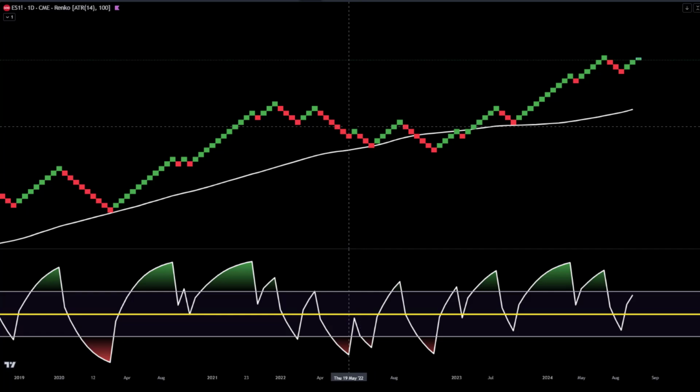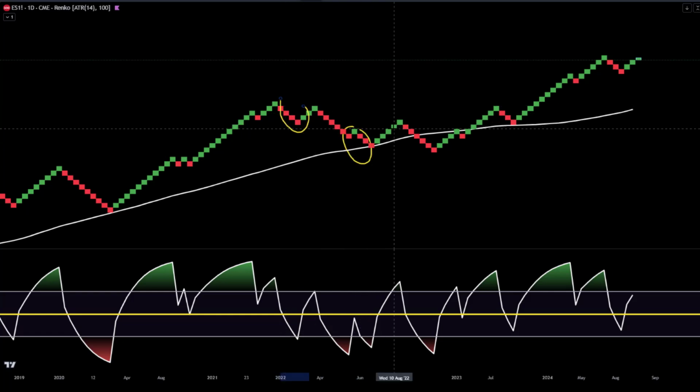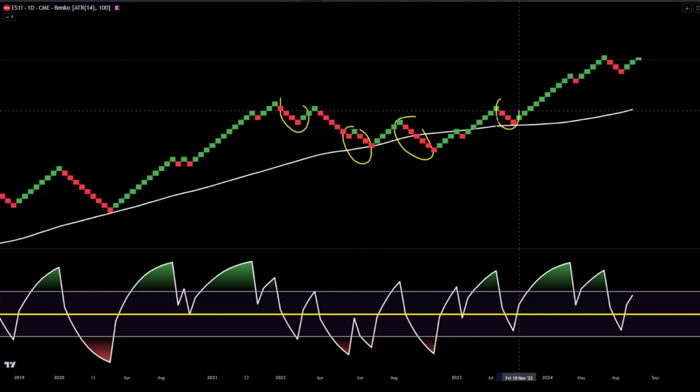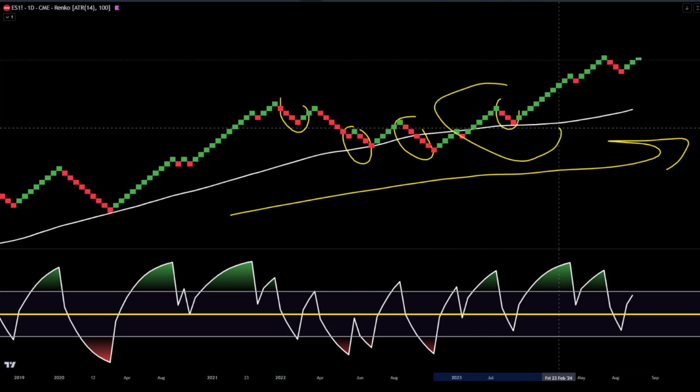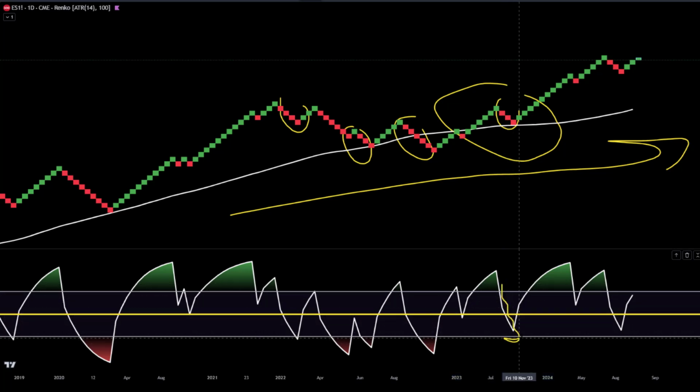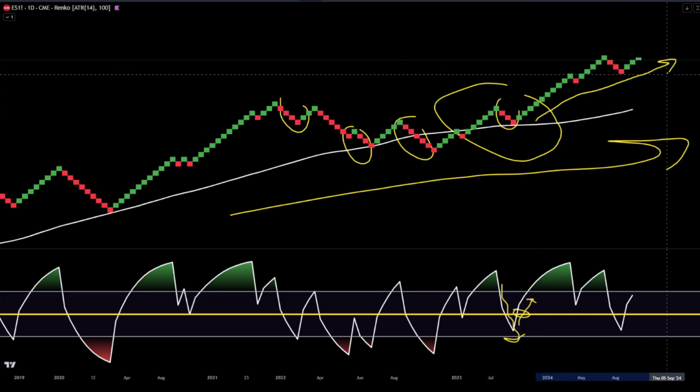So you can see, we've got multiple pullbacks in here against what is essentially a very long-term uptrend. And we go down to our RSI indicator down here, and we're going to take this one here as our example. You can see the pullback there, comes back down through the 50, and we jump back in as it goes on back up. And as you can see, that was a lovely trade going all the way there.